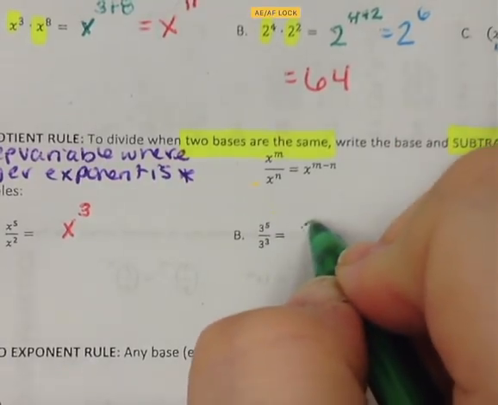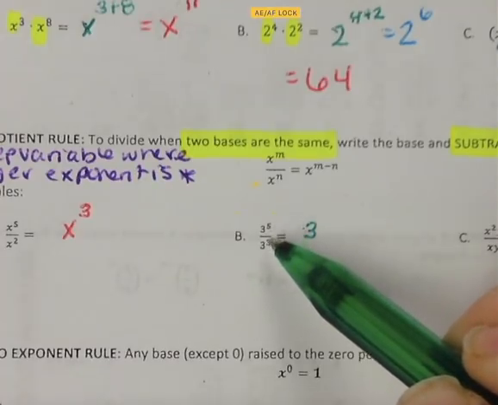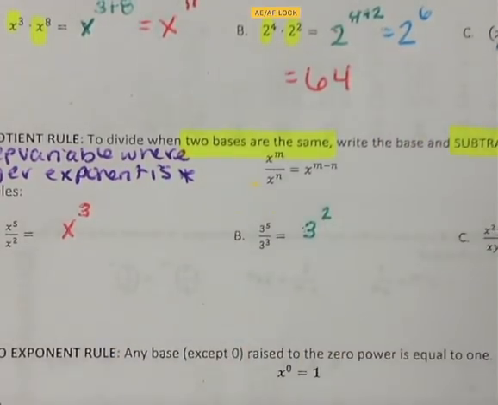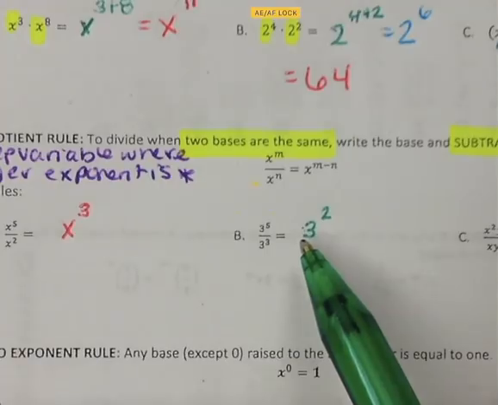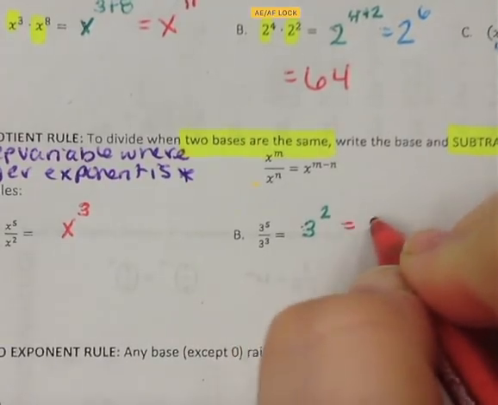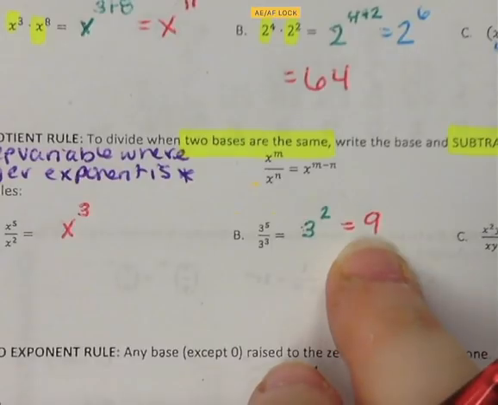So it's going to be 3 raised to the power of 5 minus 3. 5 minus 3 is 2, so it's 3 raised to the second power. Because this is a number and the exponent is a number, you can simplify that. That's just 3 squared, and 3 squared is equal to 9. That is how you would simplify that value.